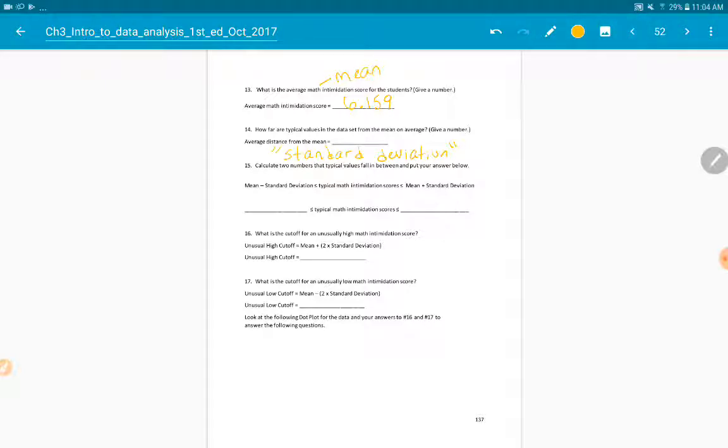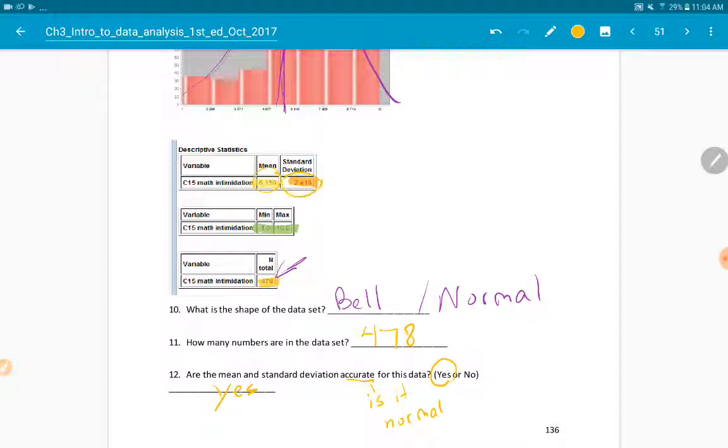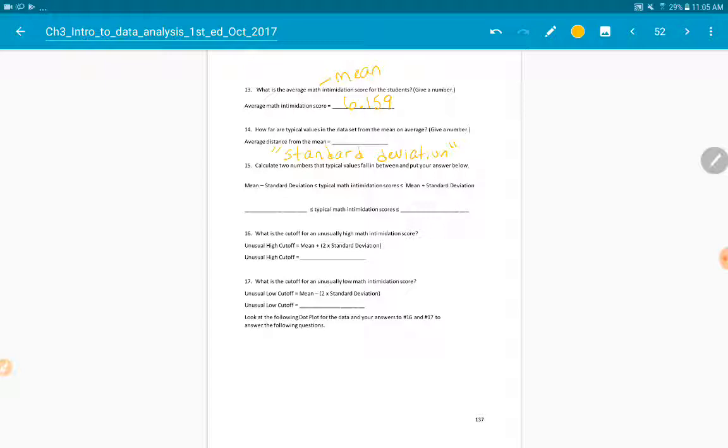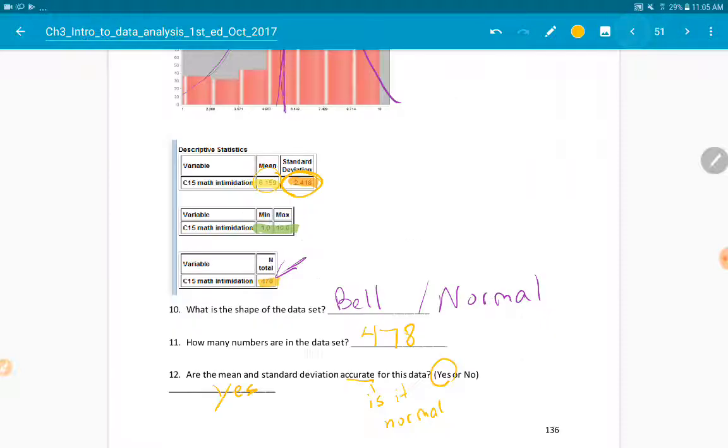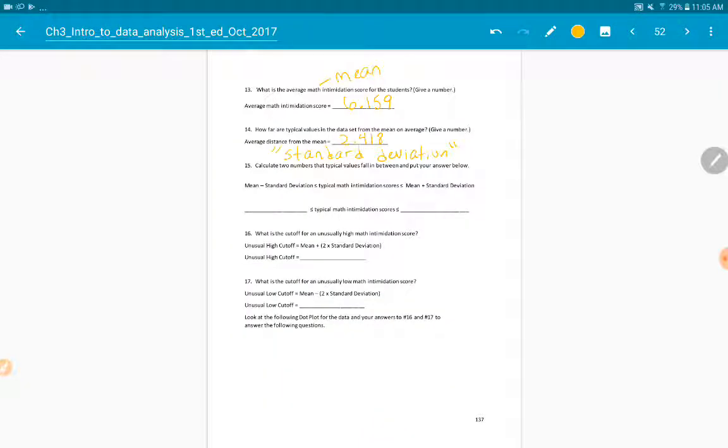What is the standard deviation? And that was the 2.418. Did I get that number right? Yeah. Okay.